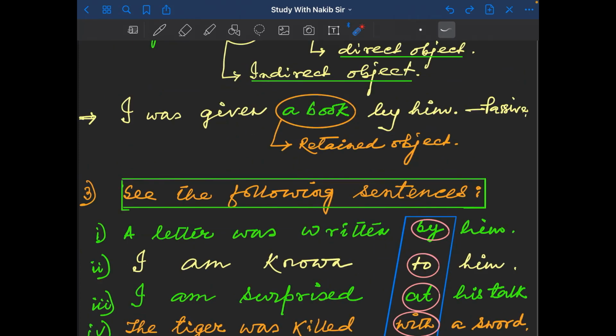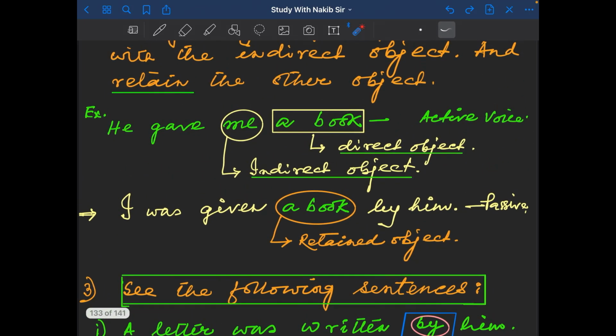You have another question. The question my students frequently ask me, sir, in the passive voice, only the preposition by is used before the object. You know here that by him, one by is coming everywhere.